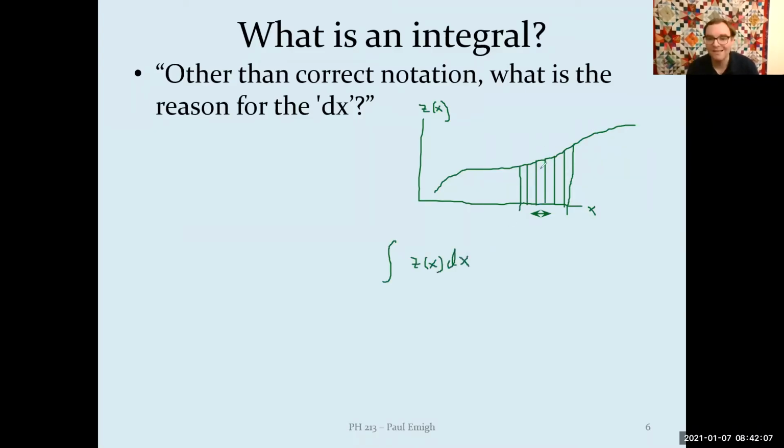I'm multiplying the height of one of these rectangles, z, by the width of one of these rectangles, dx. When I multiply those two things together, the integral symbol then tells me to add all of them up from the first line that I've drawn to the last line that I've drawn, right? So from some initial to some final value.